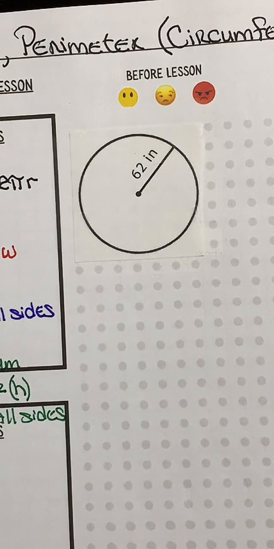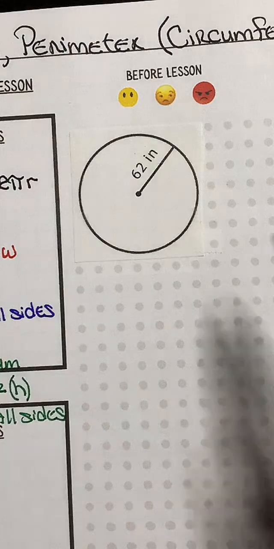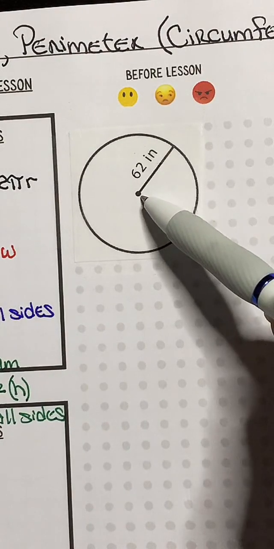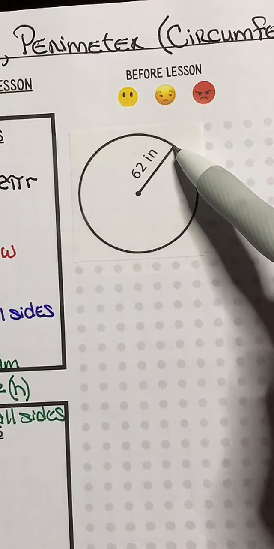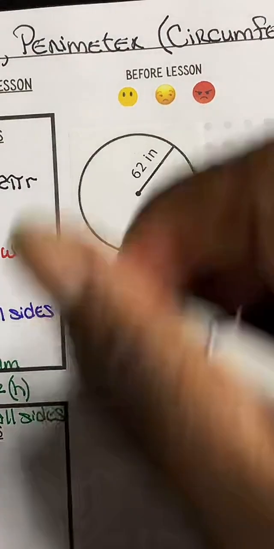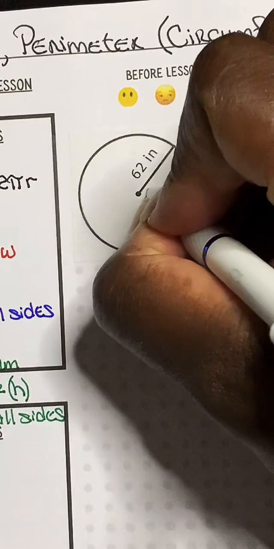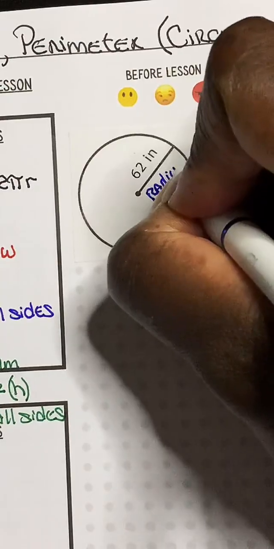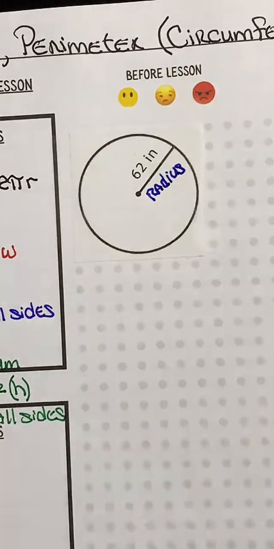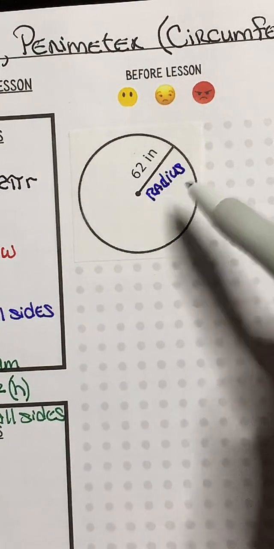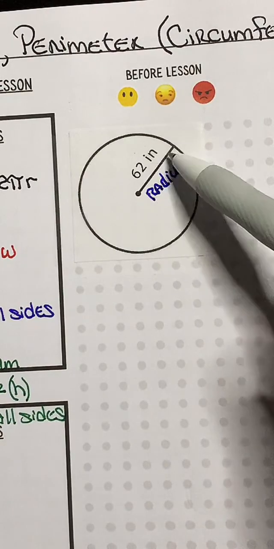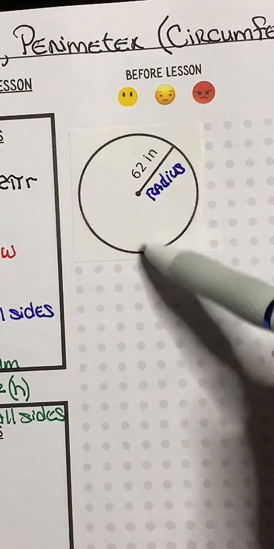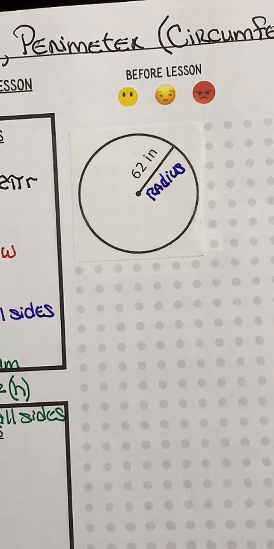So for my first circle, this is what I was telling you guys about. Here's the center of the circle, and it's connected to one point on the circle. This is called your radius. No matter where I draw it, if I drew one down here, it's still going to be the same length.